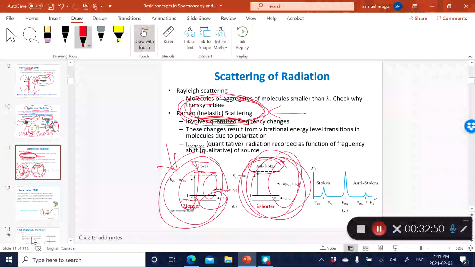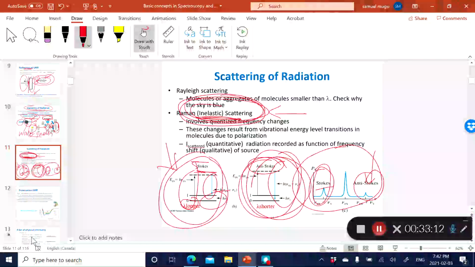Now, you're going to see the spectra that you typically get in Raman spectroscopy. The larger peaks are what you refer to as the Stokes, because that's higher probability of taking place. And the anti-Stokes is typically a much smaller peak in Raman spectroscopy, because it's unlikely to actually happen.